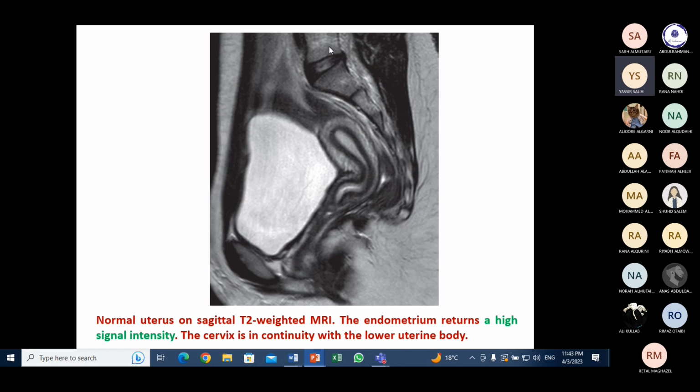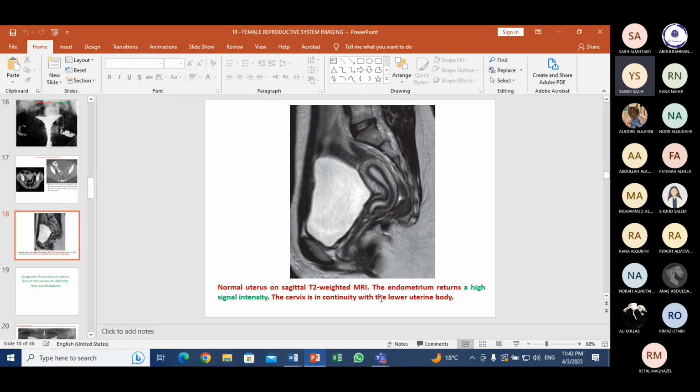What is this? Sacrum. Yes, this is the sacrum.